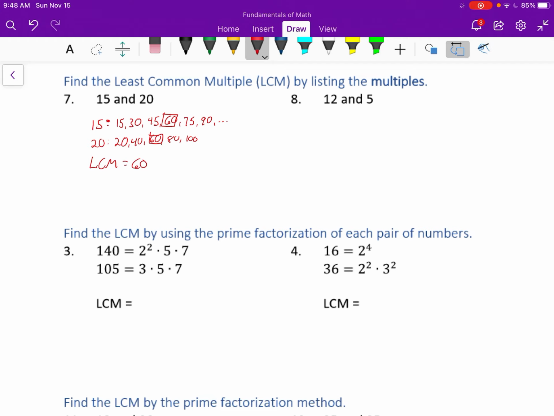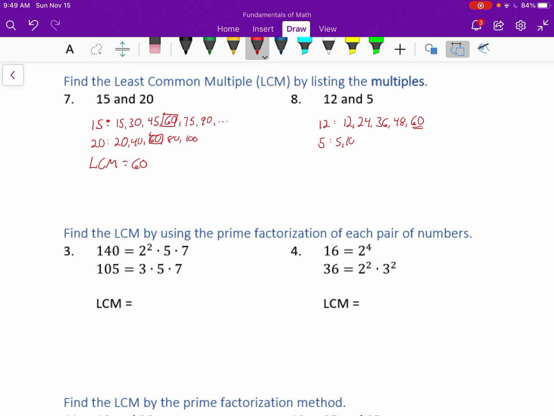Over here for 12 and 5, these are our multiples of 12. So if you remember your multiplication facts for 12, that helps. And really, as you work through here, we know that something that ends in a 0 or 5 is divisible by 5. So it looks like that's probably going to be our answer, but since it says list them, we'll go ahead and list.